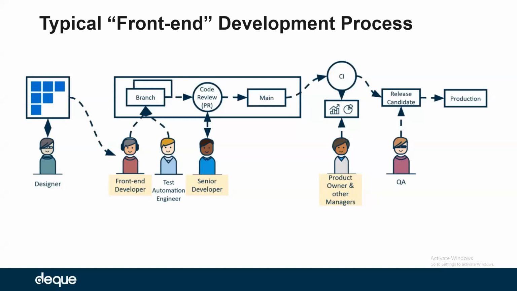You'll get a little idea about what you can see there. But more focus will be on the first two personas, the front-end developer and the senior developer who will be reviewing the code, and how Axe Linter can help each of these personas do the accessibility checks.